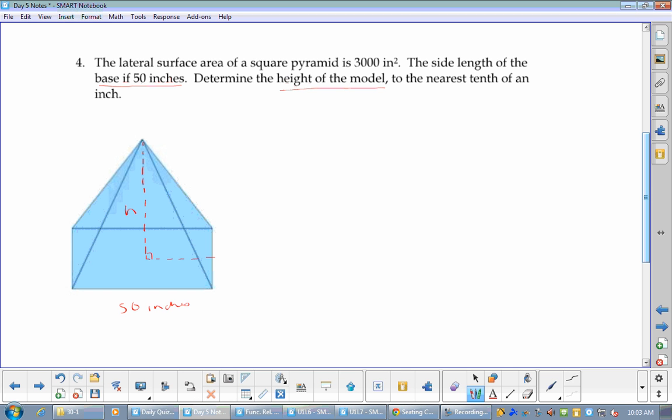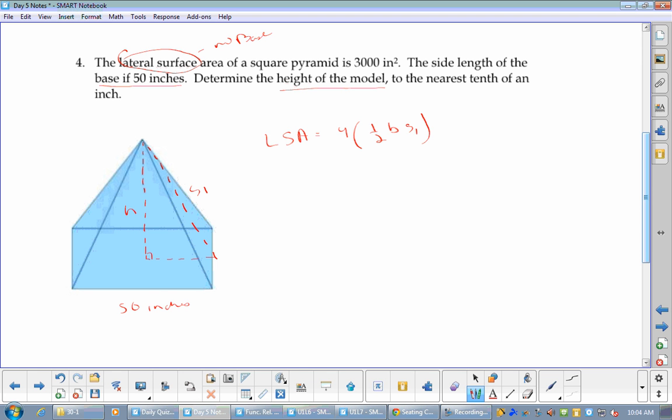Because, okay, so that's good. No base. Right? So the surface area is 4 times 1/2 BS1, right? Because that's S1. Is that correct?